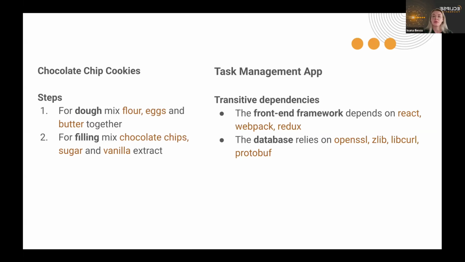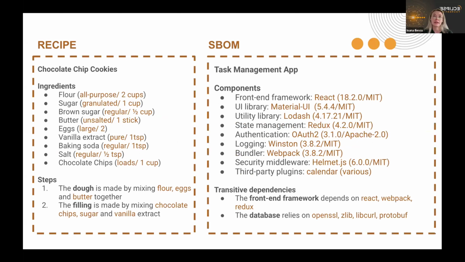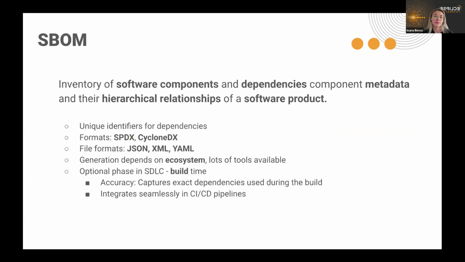These components oftentimes depend on libraries and packages that make them function correctly. The link between these is called hierarchical relationships. So before everybody gets really hungry and we lose everyone's attention, all these things that we discussed about chocolate chip cookies form a recipe, and in the case of our app, they form an SBOM.